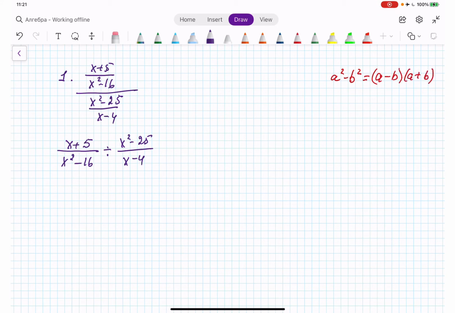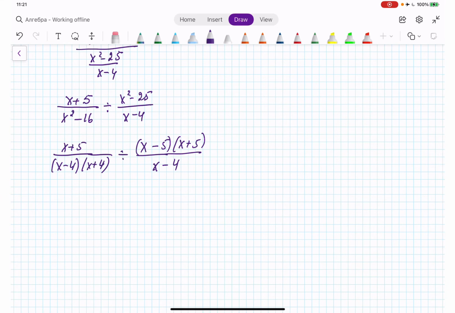So I'm going to open it up. x plus 5 over x squared minus 16, which is (x minus 4)(x plus 4), divided by (x minus 5)(x plus 5) over (x minus 4).